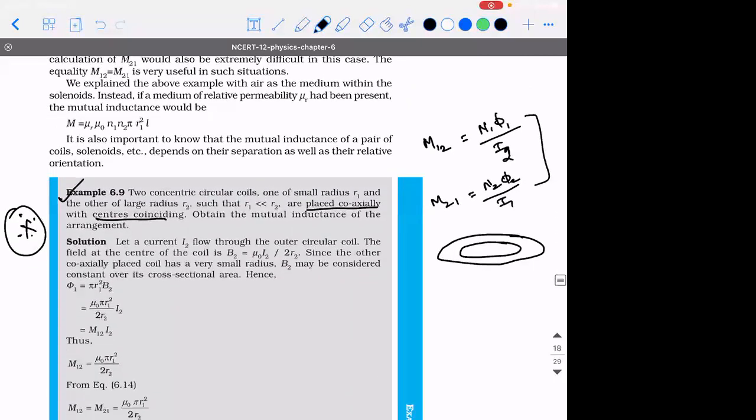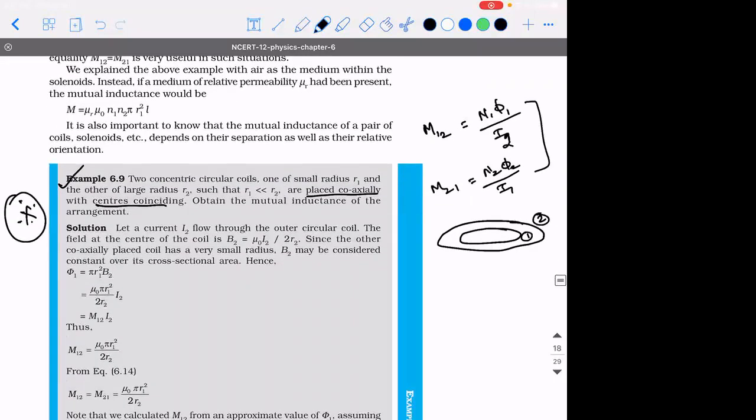If I take the inner coil as the first and the outer coil as the second, now suppose the second coil is the one that is connected to the battery. The current in the second circuit will be I2. Due to I2, there will be a magnetic field getting generated.